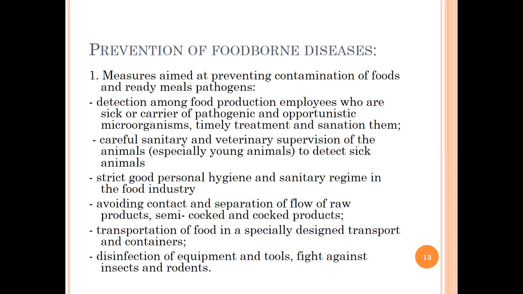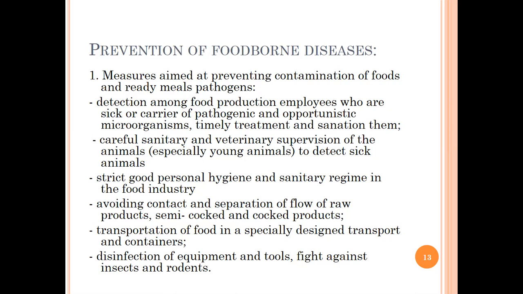Careful sanitary and veterinary supervision of animals who are the source of food products is absolutely necessary, especially we need to focus on young animals first of all. It's a task for the veterinarian service. The next point is to provide strict personal hygiene and sanitary regimen when producing food in the food industry.